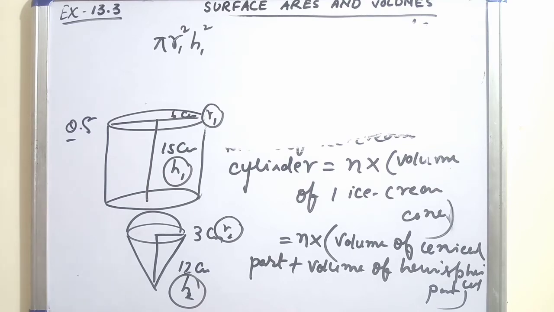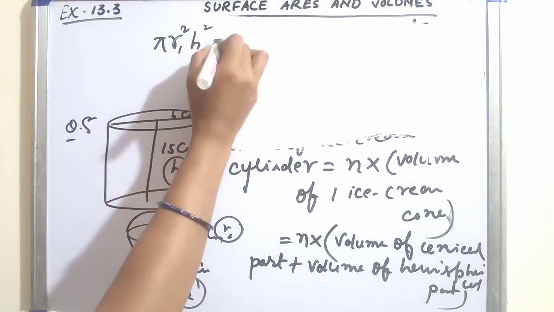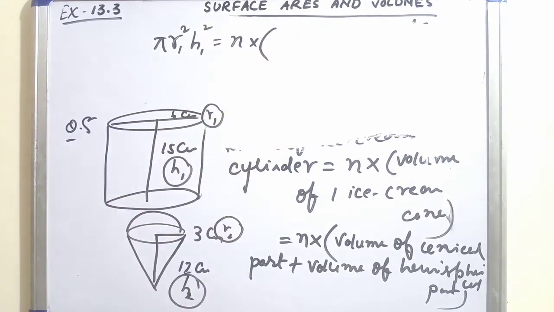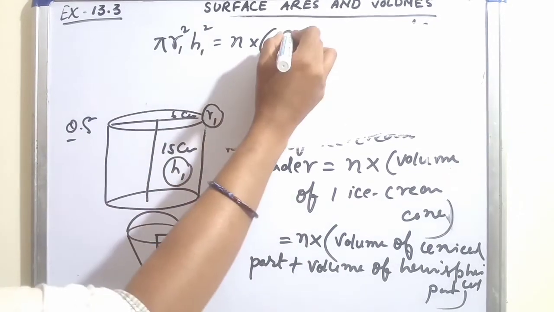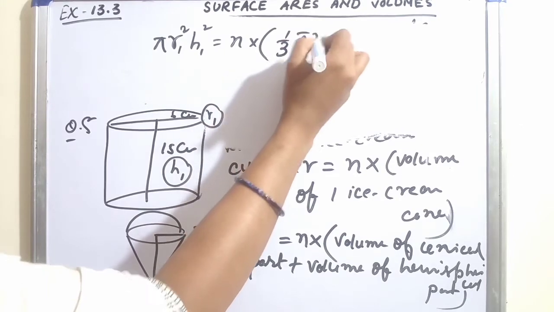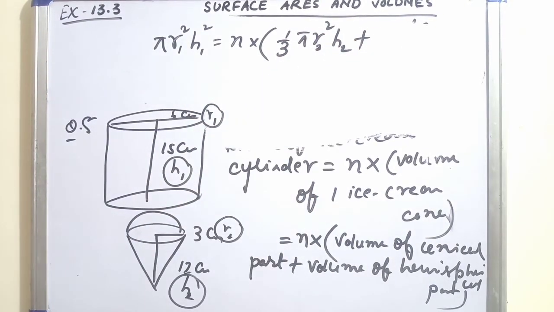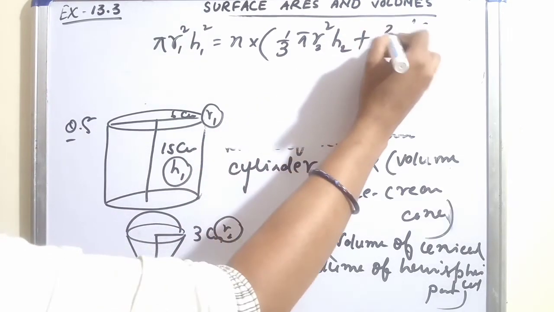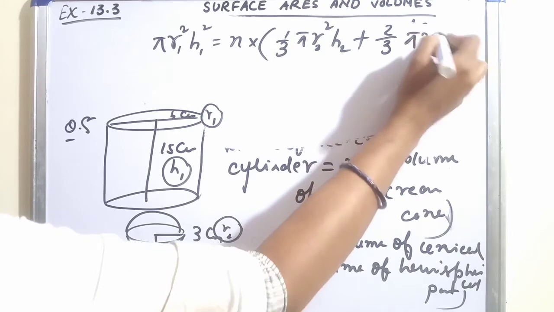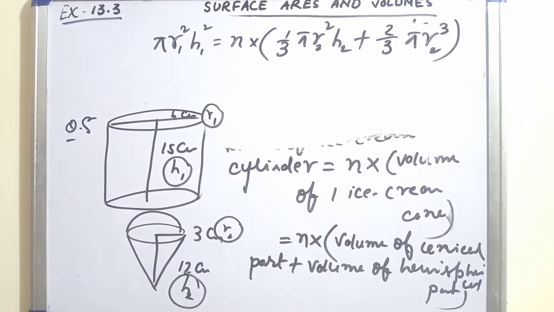So pi r1 square h1 is equal to n into the volume of conical part, that means 1/3 pi r2 square h2, plus the volume of this hemispherical part, that means 2/3 pi r2 cube.